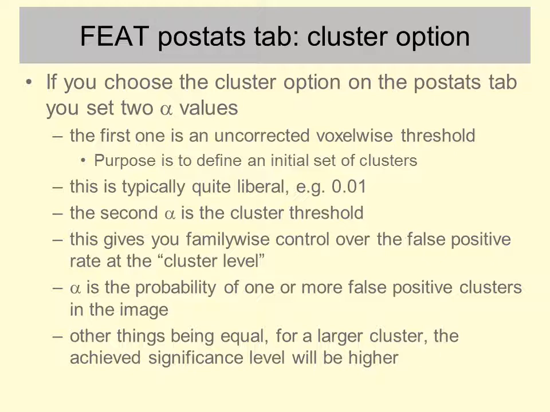Based on that, a critical value is calculated, which is the size that clusters have to be or bigger before they are considered significant clusters, given your desire to control the probability of a single false positive cluster at a certain level. And of course, with this method, other things being equal, for a larger cluster the achieved significance level will be higher.